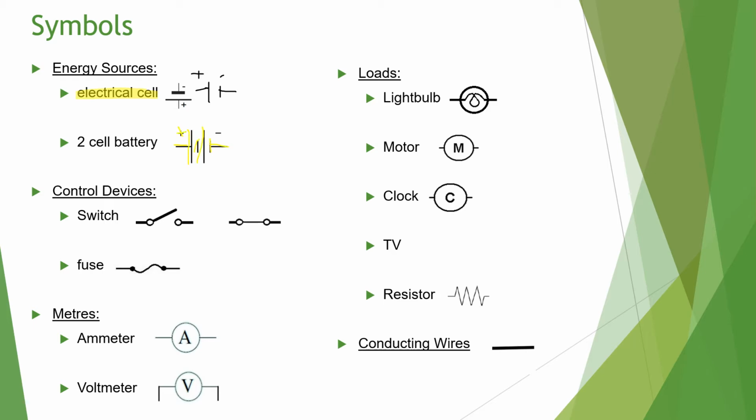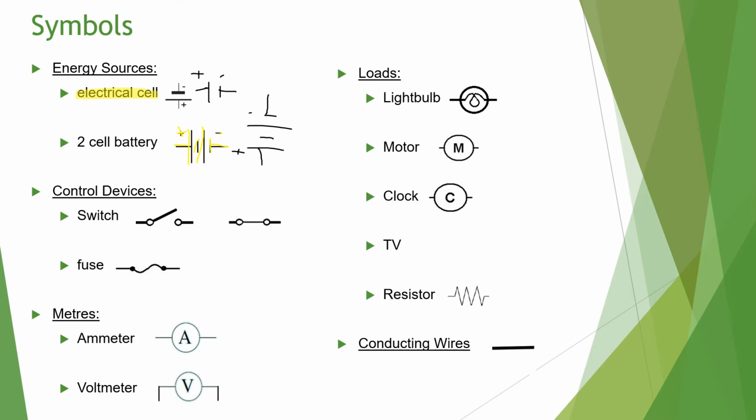Okay, positive is the longer, negative is the shorter. Now you could also flip this and draw it the other way in a circuit as well. So this is correct as well. Big, little, little. Those are the connecting wires, positive, negative terminal.